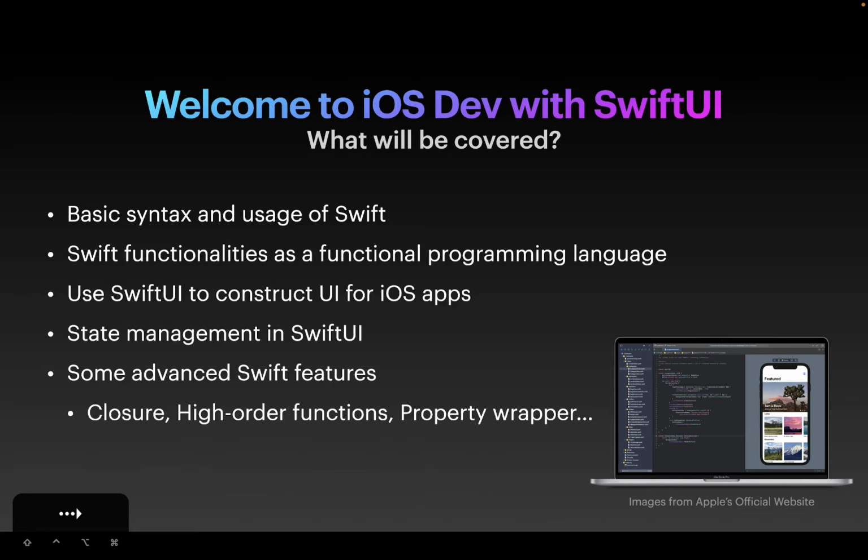Swift is the de facto programming language for the iOS platform, and in this class you're going to learn how to use Swift, so you don't have to learn it on your own. We're also going to cover SwiftUI, a technology Apple released in recent years for creating user interface for iOS apps and other Apple platforms. We're also going to learn some state management in SwiftUI and some advanced Swift features like closures, higher-order functions, property wrappers, and all kinds of stuff.